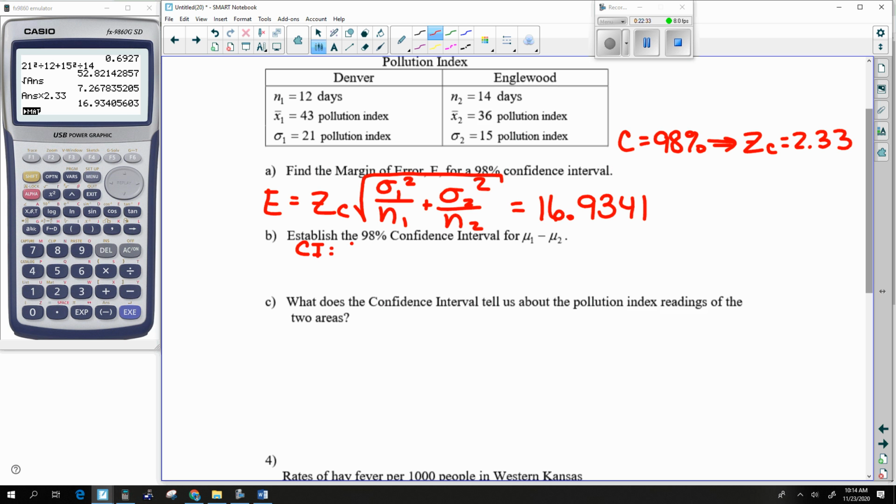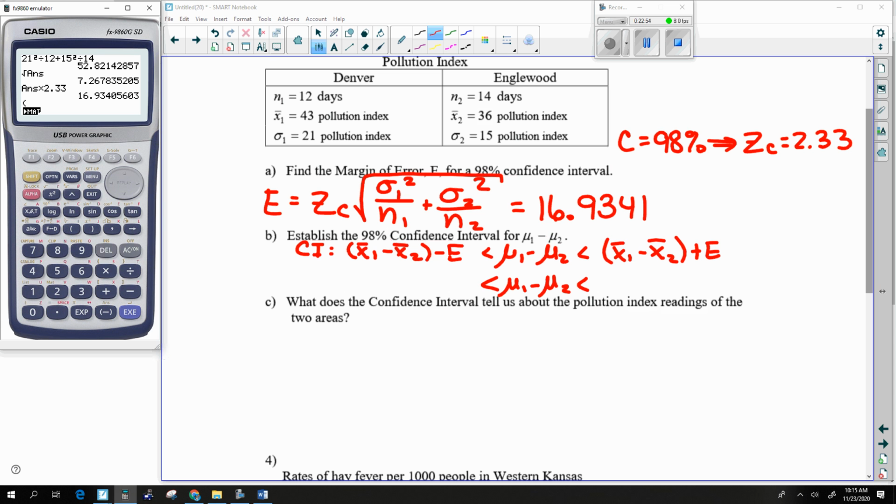The confidence interval is, again, x bar 1 minus x bar 2 minus E less than mu1 minus mu2 less than x bar 1 minus x bar 2 plus E. There we go, x bar 1 minus x bar 2 minus E, and x bar 1 minus x bar 2 plus E.